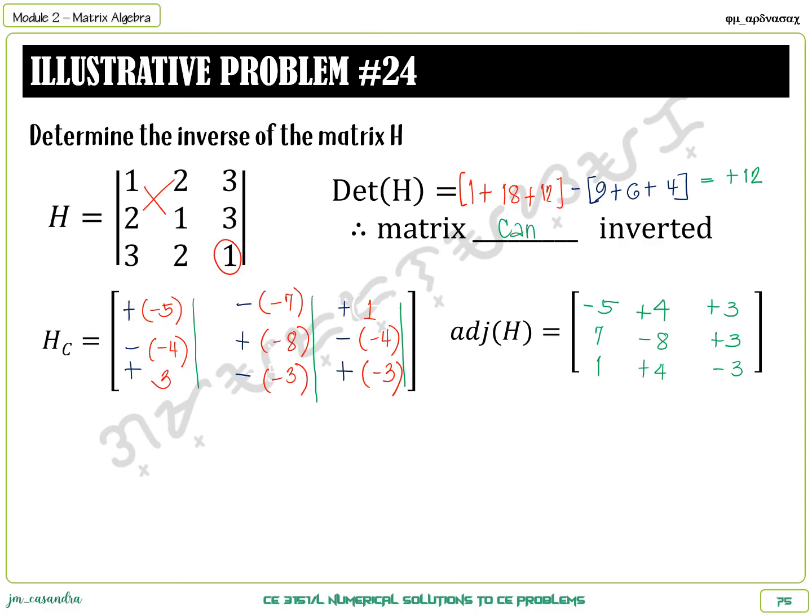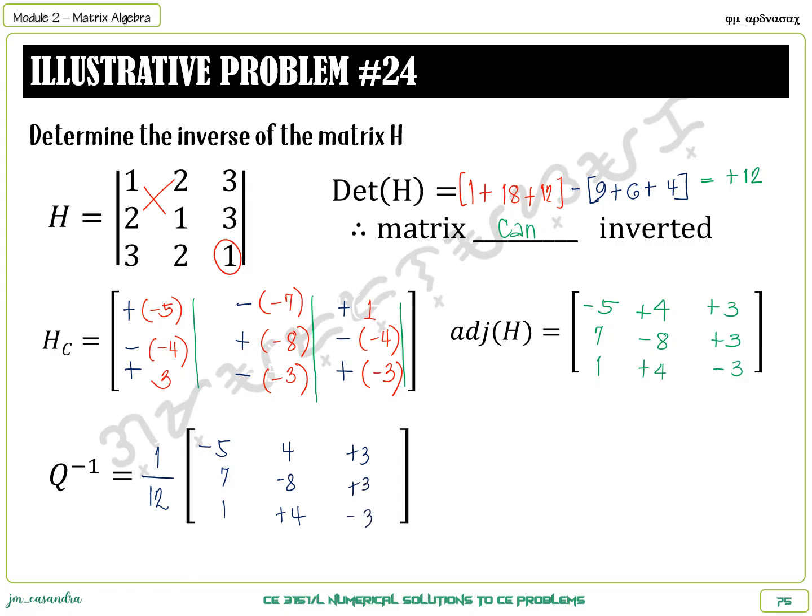Okay, so from there, we can now compute for our inverse, which is equal to 1 over your determinant, 12, multiply that to negative 5, 7, 1, 4, negative 8, positive 4, positive 3, positive 3, negative 3.